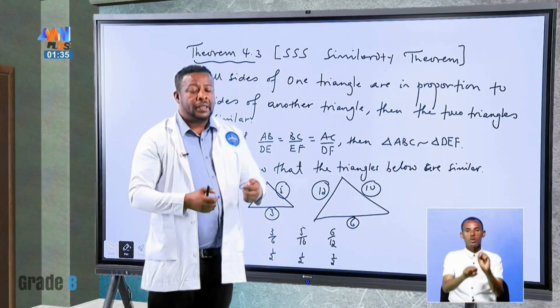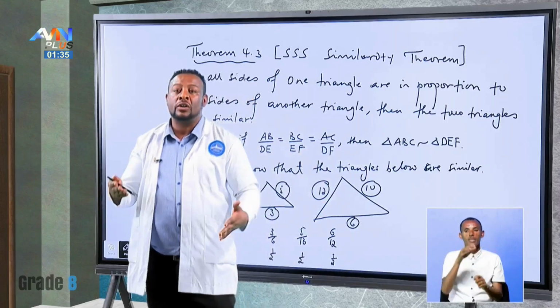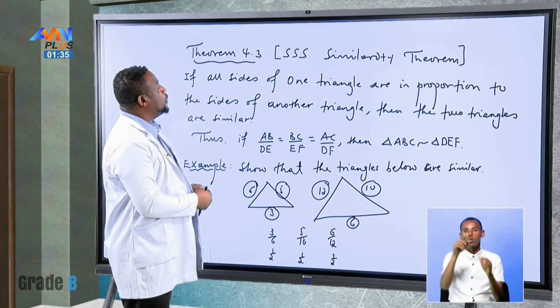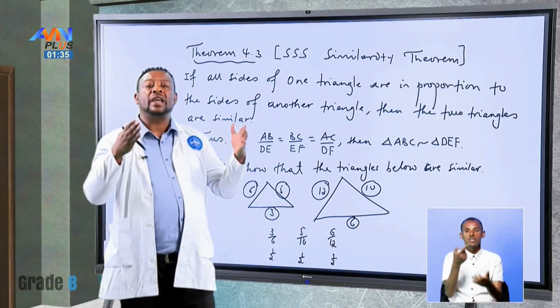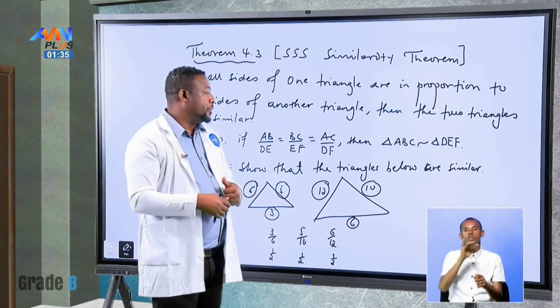So checking whether two triangles are similar or not is a very simple approach. You can use those three theorems to determine whether two triangles are similar or not. Good.